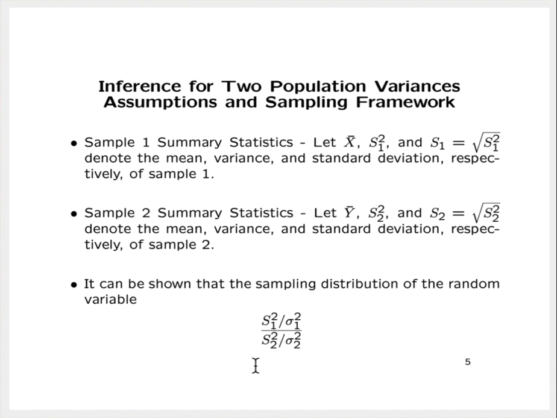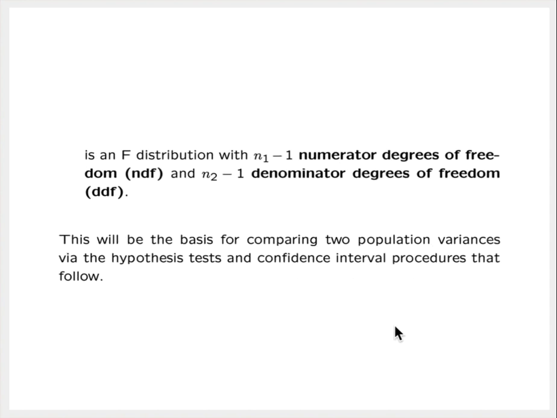Now, let's consider this random variable given by s1 squared over sigma1 squared, divided by s2 squared over sigma2 squared. It can be shown that under these assumptions that we've just stated, this random variable has an F distribution with n1 minus 1 numerator degrees of freedom and n2 minus 1 denominator degrees of freedom.